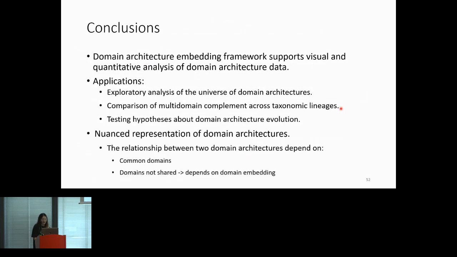And our framework provides a nuanced representation of domain architectures, because the domain architecture vector representation is based on a domain embedding. The relationship between domain architectures not only depends on shared or not shared domains, but the contribution of domains that are not shared depends on the distance between them in the domain embedding.